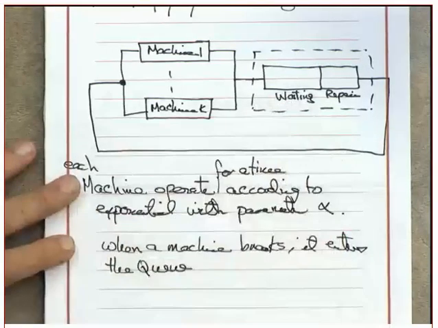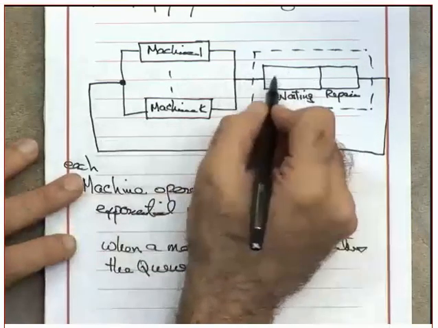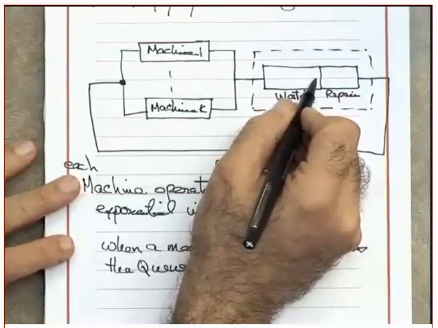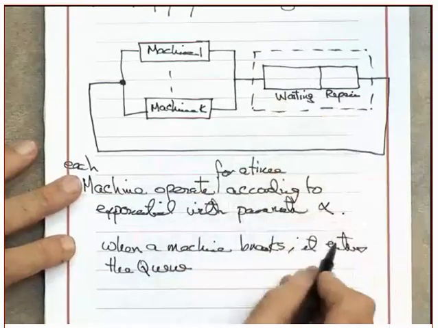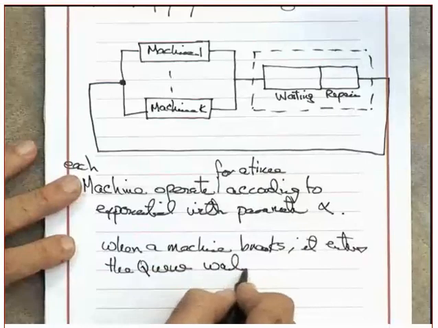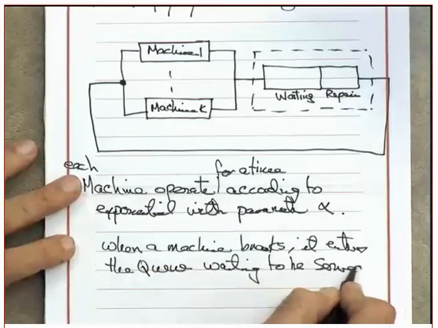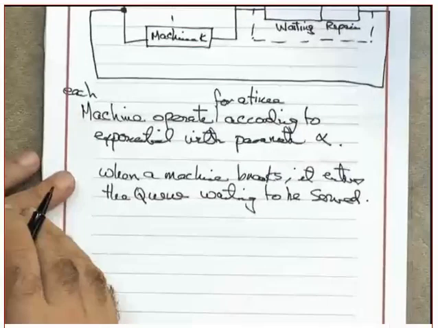What is the maximum size of the queue, of the waiting space? It's K minus 1. Are you following me? Machines enter the queue, waiting to be served. Clear so far?